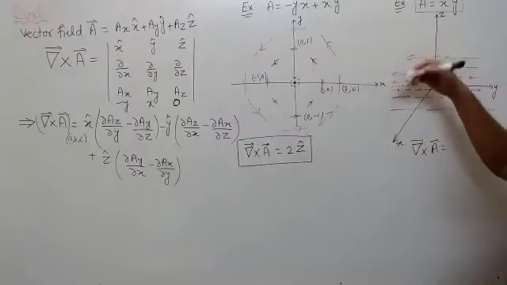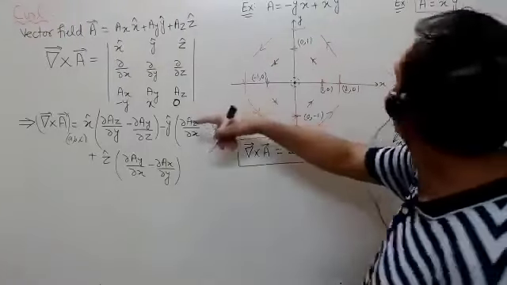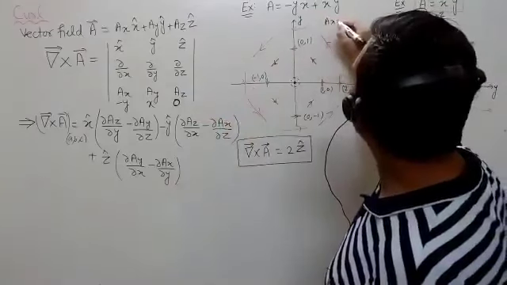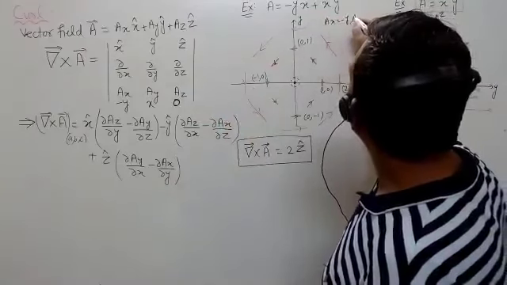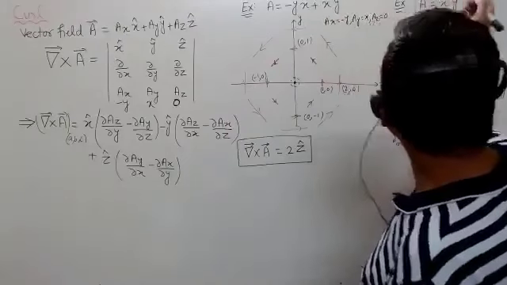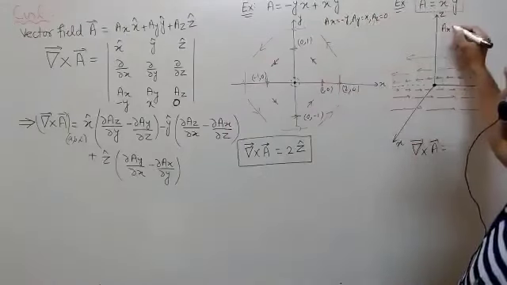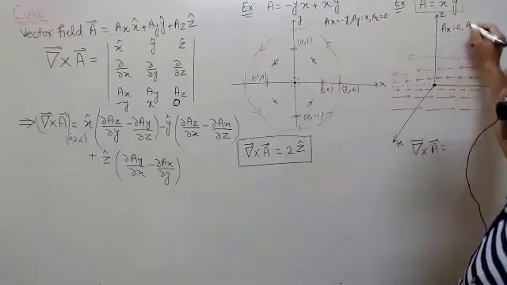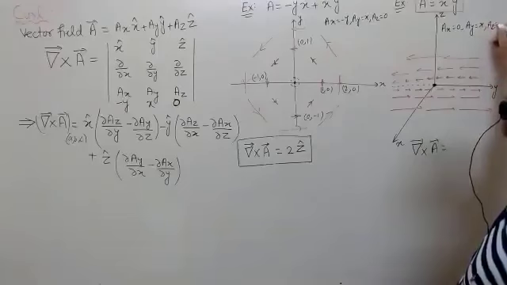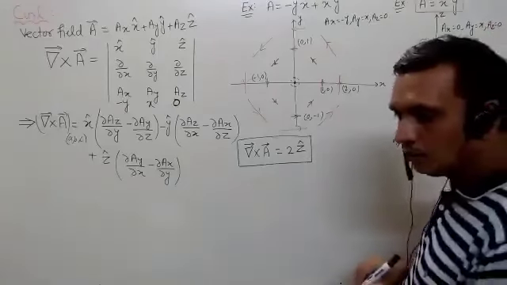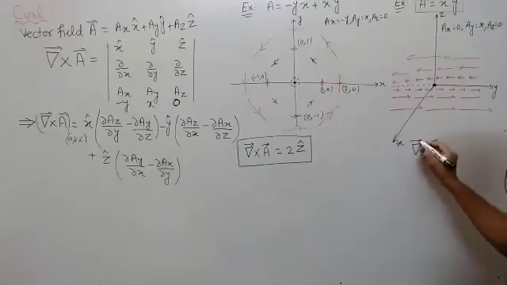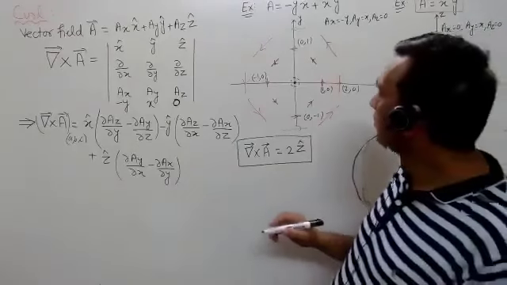And in the other case, AX is 0, AY is X, and AZ is 0. Sir, if you expand, how is del cross A equal to Z cap?